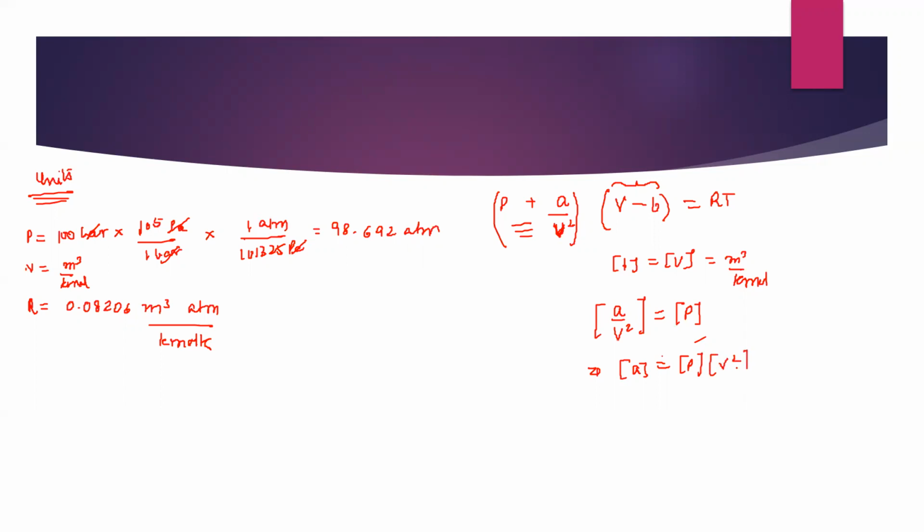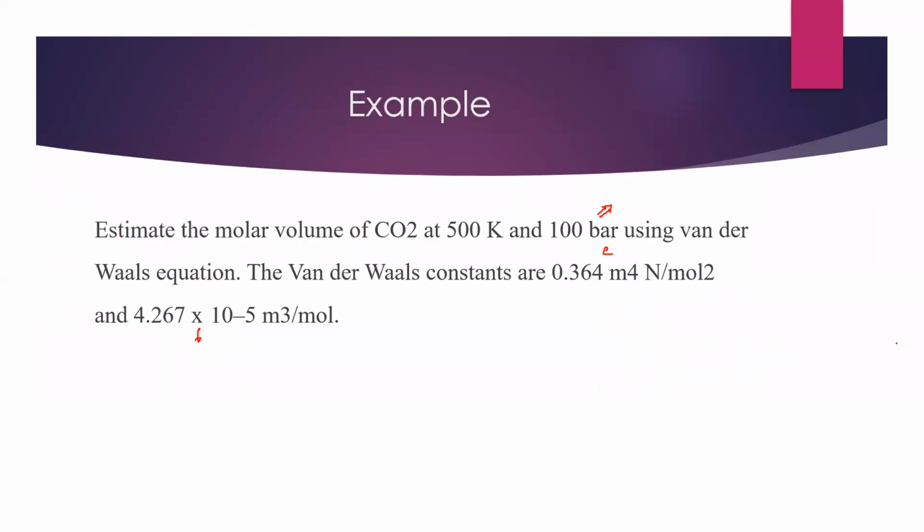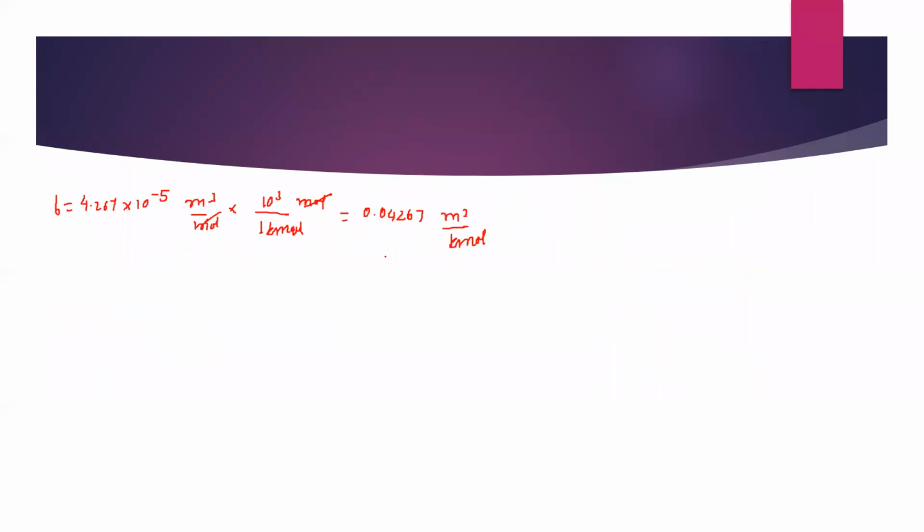The units of P we are taking as ATM, and the units of V as meter cube per kilomole, so this is ATM meter to the power 6 per kilomole square. Right now we have A as 0.364 Newton meter to the power 4 per mole square.